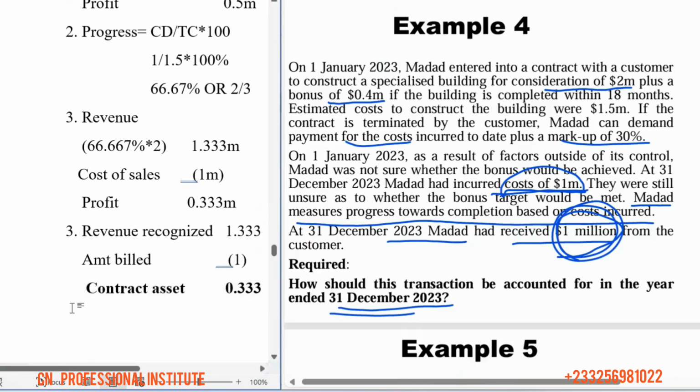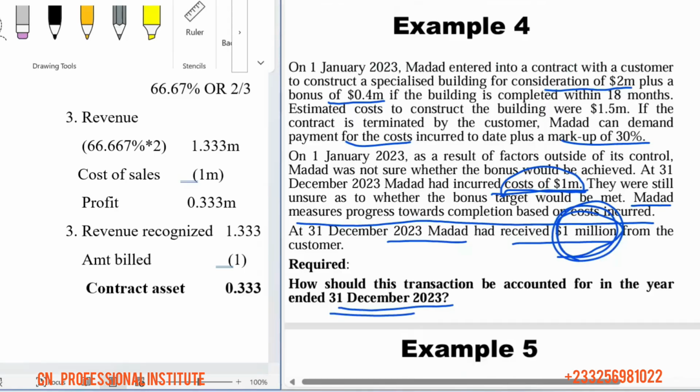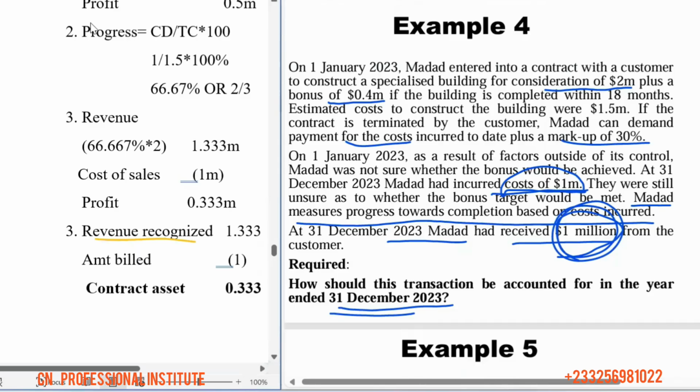Okay, so that's it with question 4. With question 4, I was saying that if we're using the old method, the contract asset here, you see here we brought revenue recognized, and we less amount billed. We would have brought cost to date first, would have added profits before less the amount billed. So if I use the old method, the revenue is the same, 1.333.